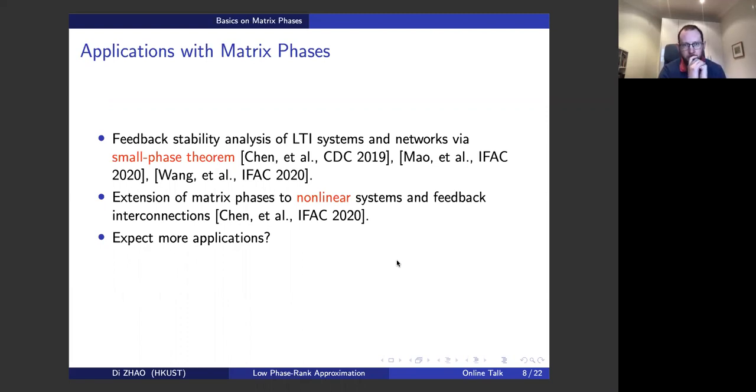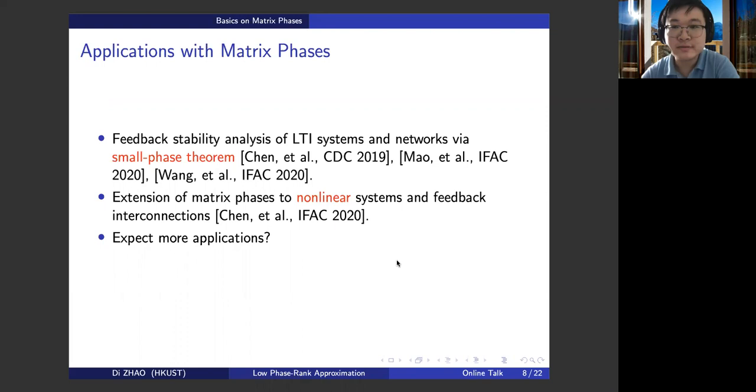Okay, so we know that using the passivity theorem with the passivity index, we can formulate those small phase theorems. But what I mean by small phase theorem is slightly different from the existing ways, because we don't use this index. Instead we use phase excess or phase lack.